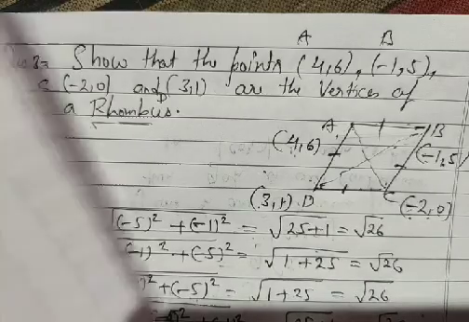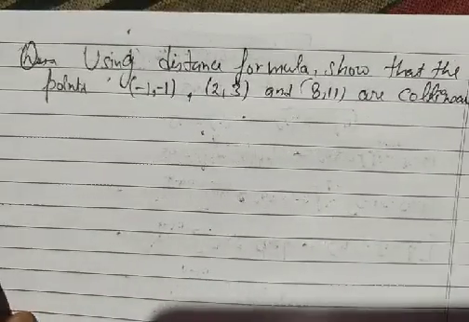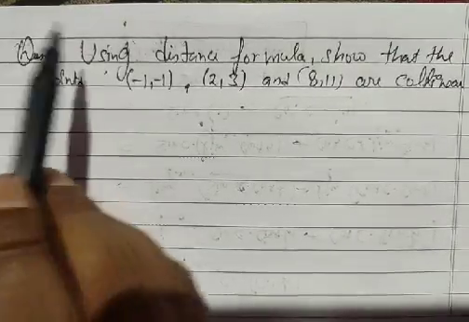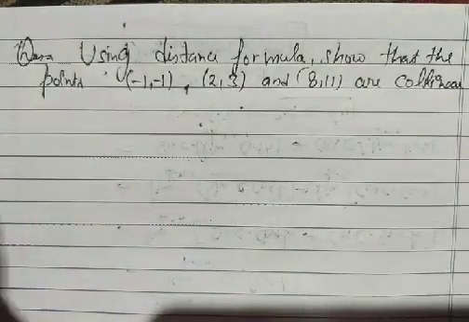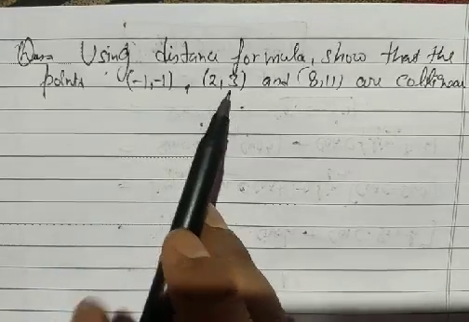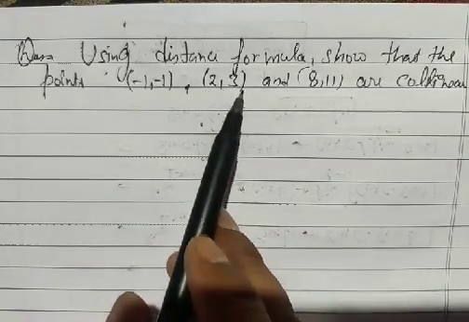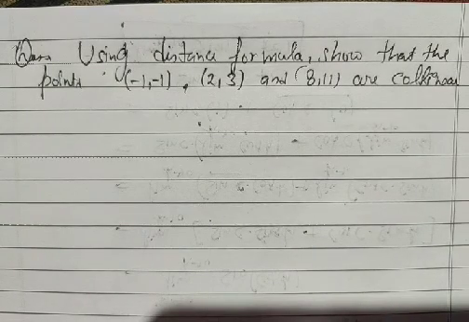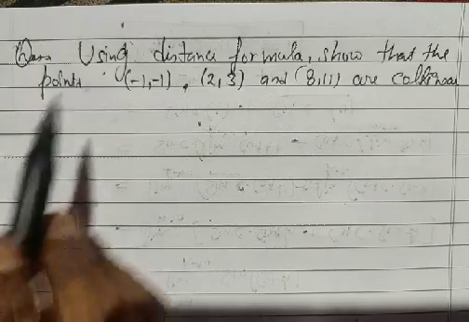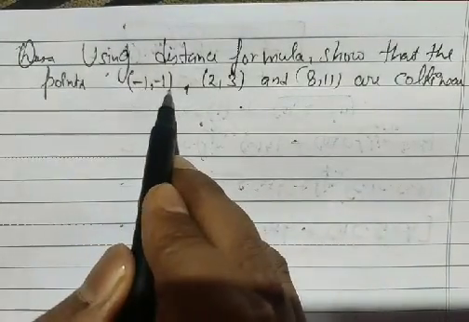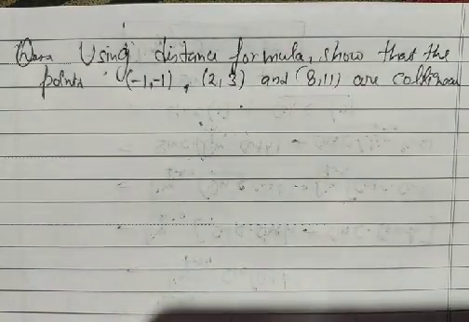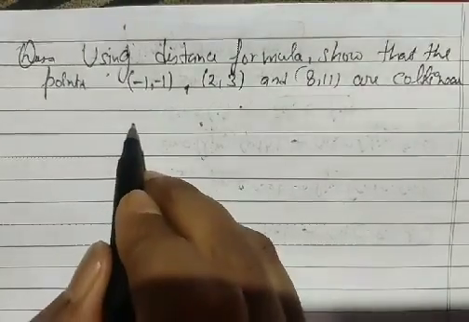Now we are going to proceed to our next example. What is the next problem there? Using distance formula, show that the points -1, 1, 2, 3 and 8, 11 are collinear.